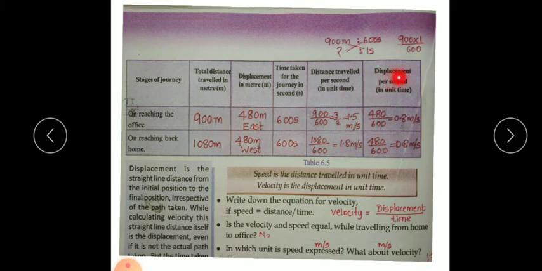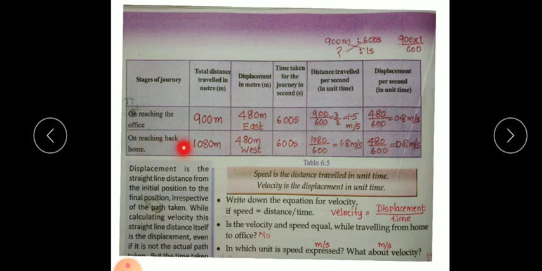And again we have to find displacement per second. So displacement is given, 480 meter divided by, we have to use the same time, that is 480 divided by 600 gives how much? 0.8 meter per second.